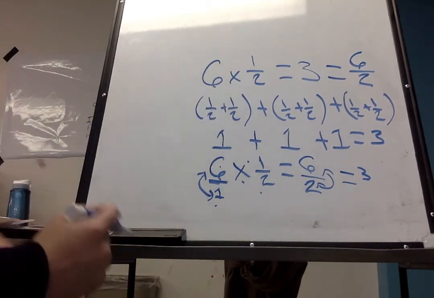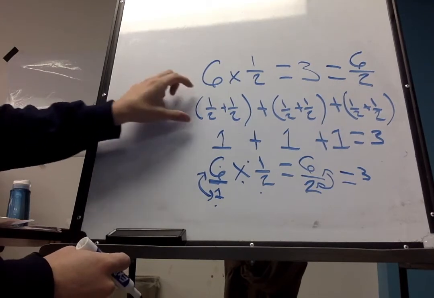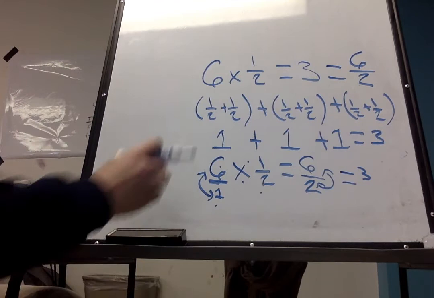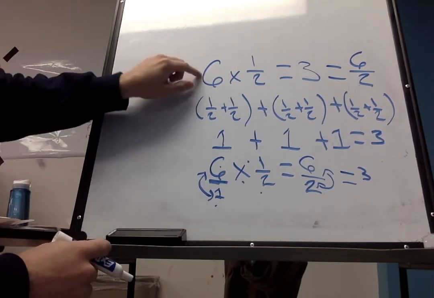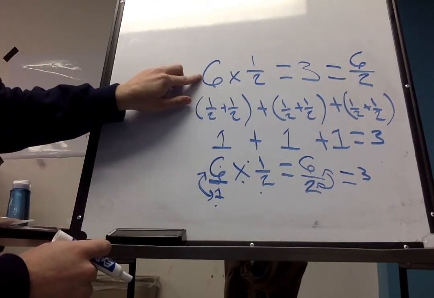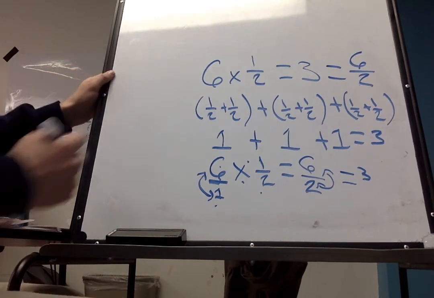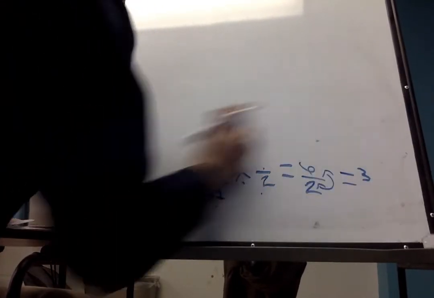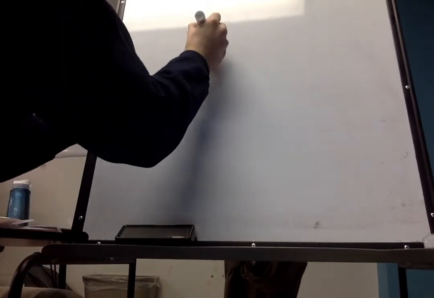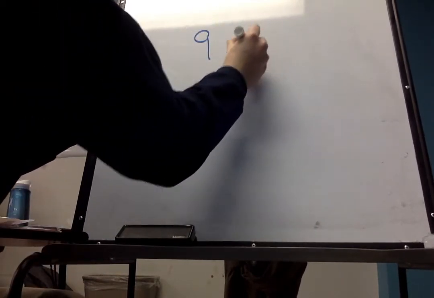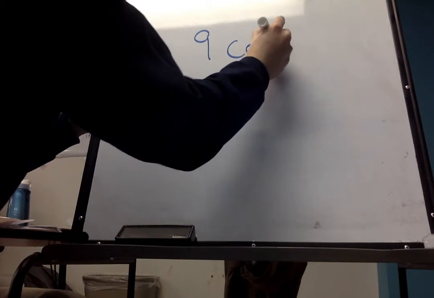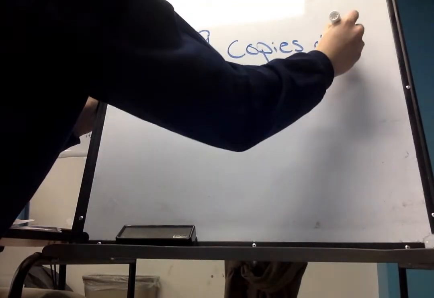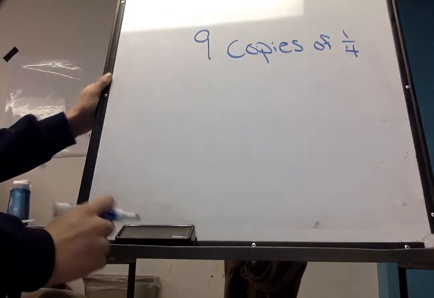Using repeated addition, like we did here by grouping our fractions so that they're equal to 1, we're able to find our answer to this multiplication problem. If you see something that says 9 copies of 1/4, it's the same thing.